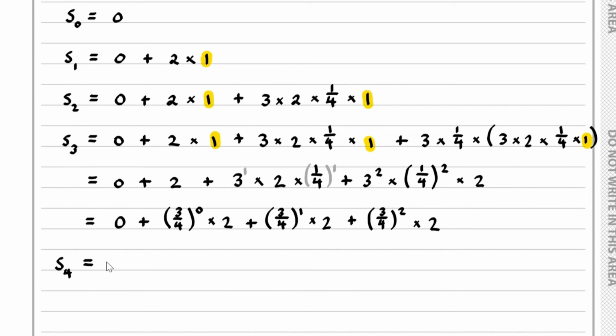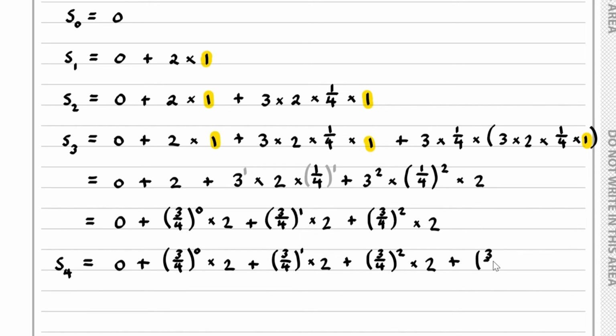Well, S4, we would have something looking like 0 plus 3/4 to the 0 times 2 plus 3/4 to the 1 times 2 plus 3/4 squared times 2, and then we would add on 3/4 cubed times 2. So perhaps with the others we can generalize those even further.